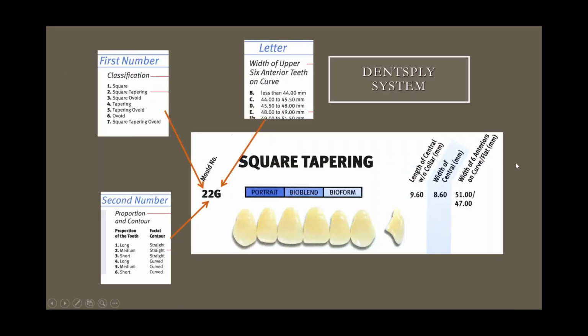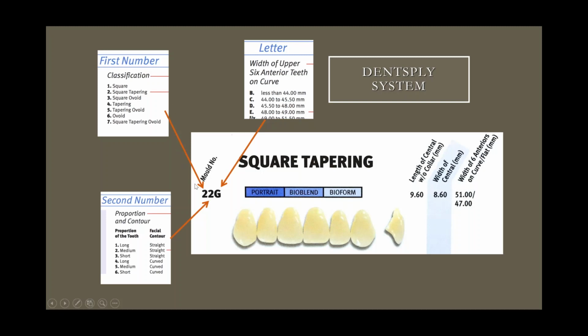Then, on a tooth set, this is according to the Dentsply system. The Dentsply system has 2 numbers and 1 letter. The first number indicates the classification of the facial form. When you look into the Dentsply catalog, you can see that the classification is square, square tapering, square ovoid, tapering ovoid, ovoid, and square tapering ovoid.